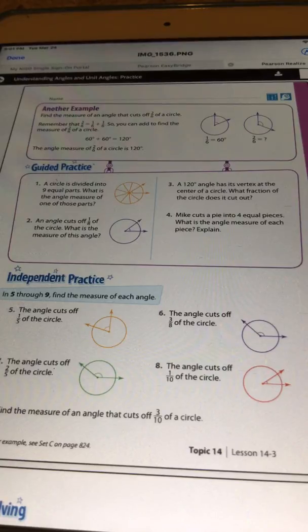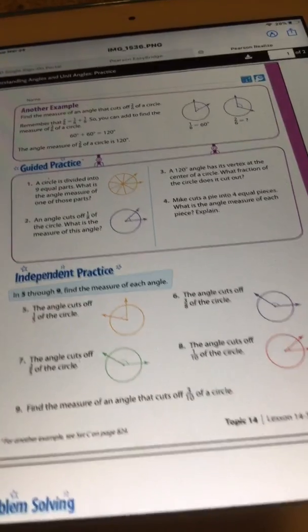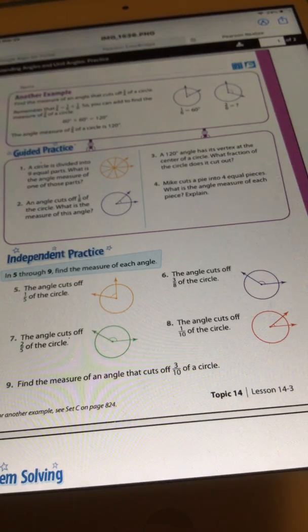Now, last one I'm going to do with y'all is number 9. It says find the measure of an angle that cuts off 3/10 of a circle. Now, this is what you have to do. You have to know, here is my circle, okay? I have it cut into 10 pieces.